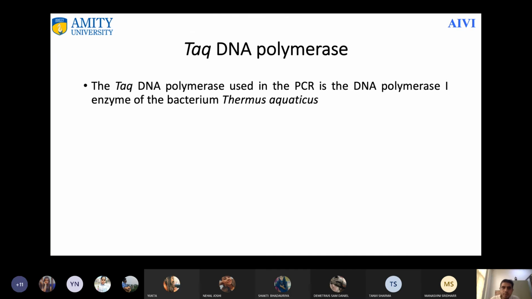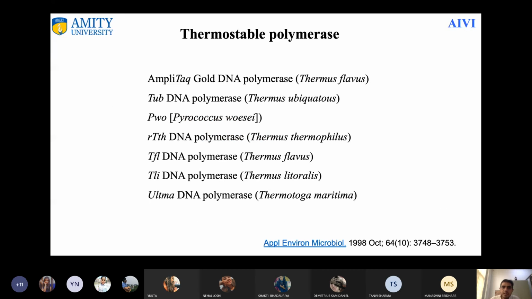So there are some other polymerases also, which are thermostable, and from different sources. Amplitaq DNA polymerase we got from Thermus flavus, Tub, that's Thermus ubiquitous, then Pwo, Pyrococcus woesei, then Rth, Thermus thermophilus, Tfl, Thermus flavus, Tli, Thermococcus litoralis, Ultima, Thermotoga maritima.